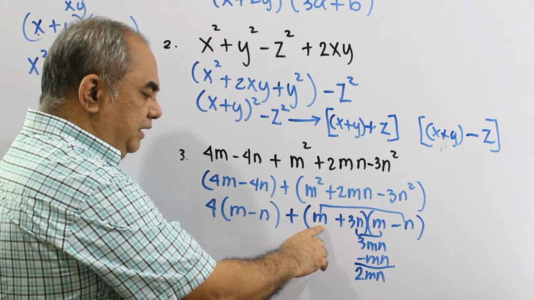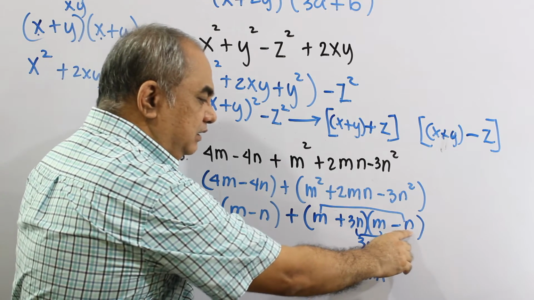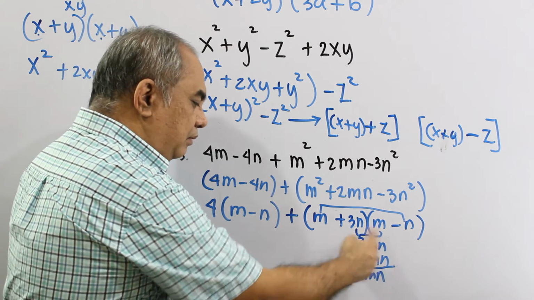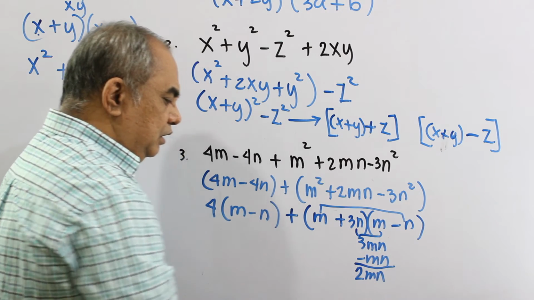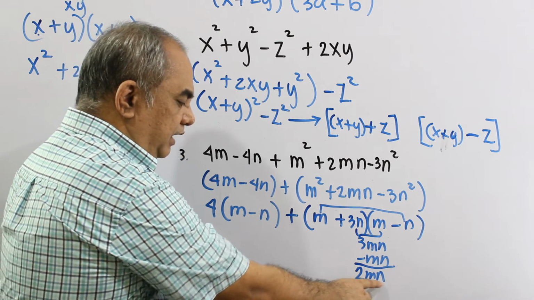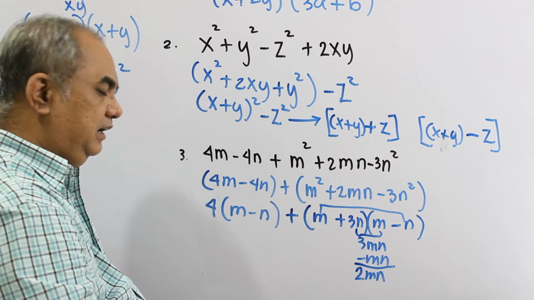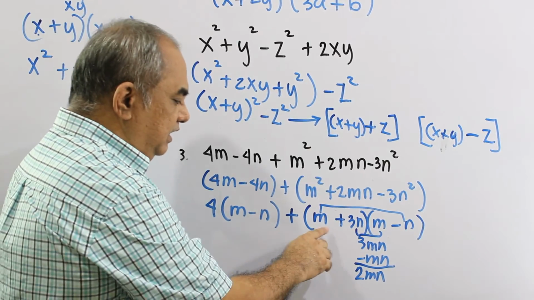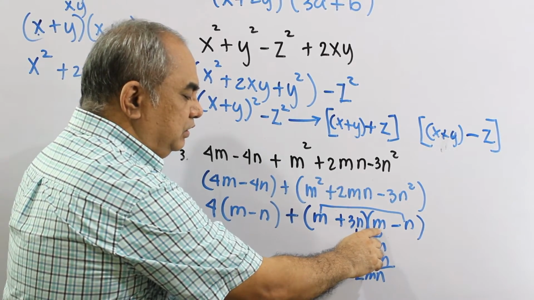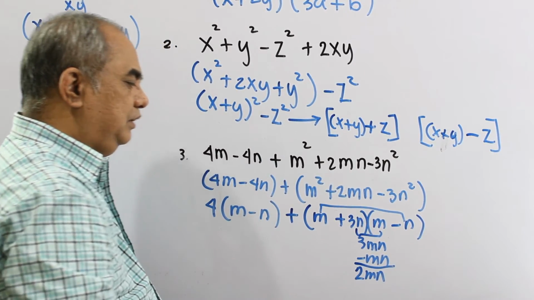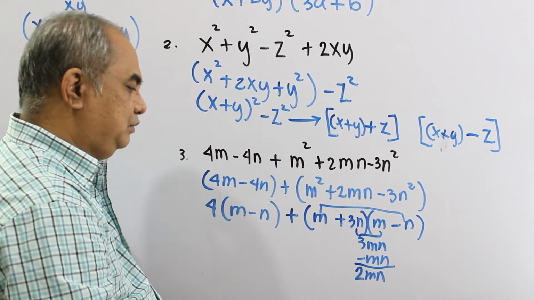And when we multiply m by negative n, it will give us negative mn. When we get the sum of these two terms, we are going to have 2mn. That's positive. That is the same as the middle term. Meaning to say, that only concludes that m plus 3n multiplied by m minus n is the true factored form of m squared plus 2mn minus 3n squared.